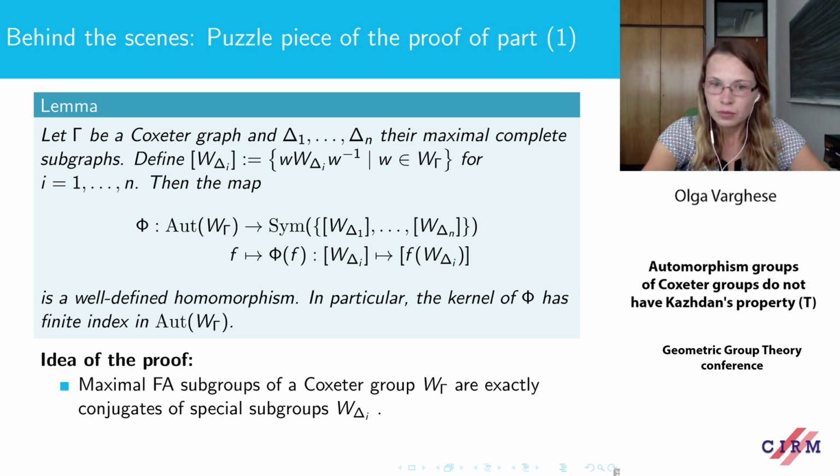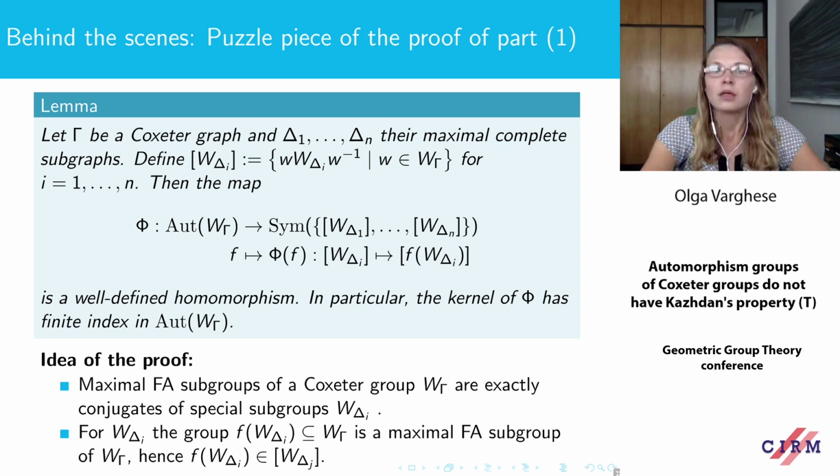Okay, so for W delta I, the image of W delta I under F is again a maximal FA subgroup.